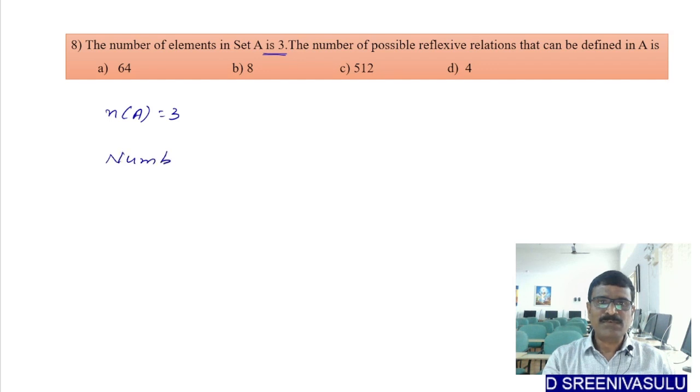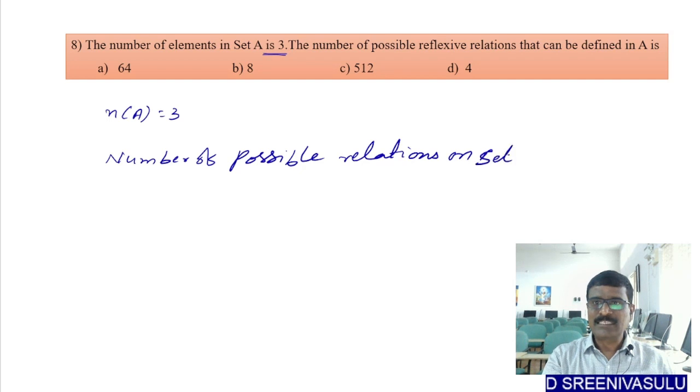Number of possible relations on set A is equal to 2 to the power of n into (n minus 1). Here n is the number of elements in A. What is the number of elements in A? Here it is 3. Then the answer is 2 to the power of 3 into (3 minus 1).